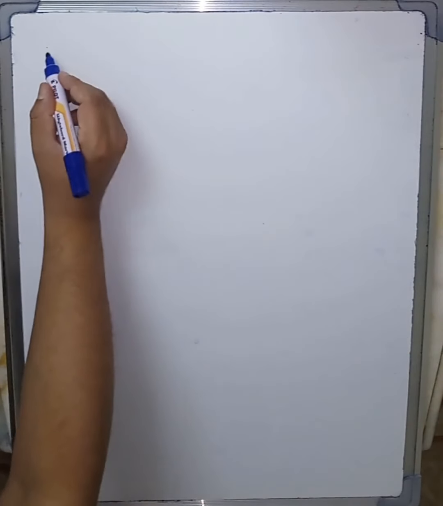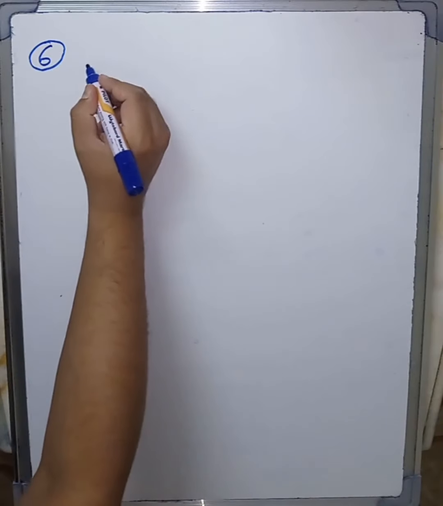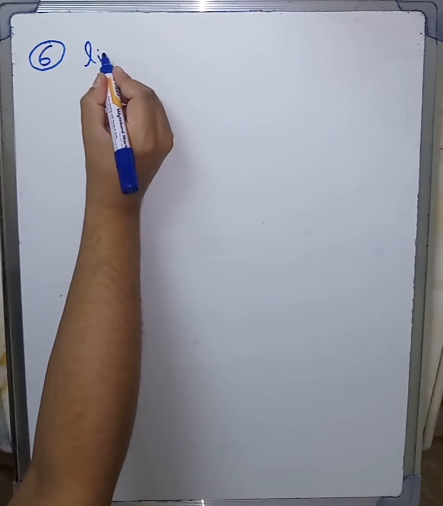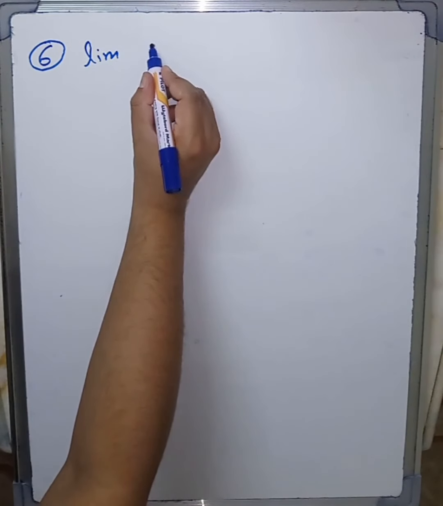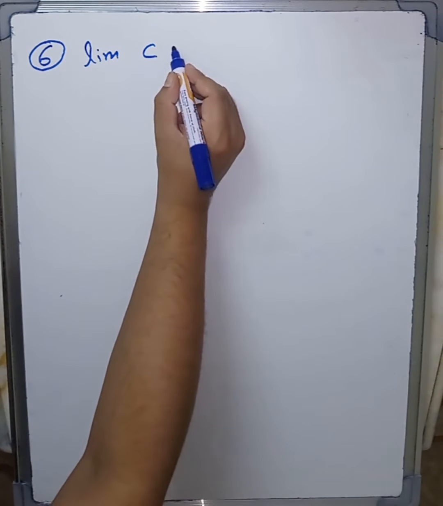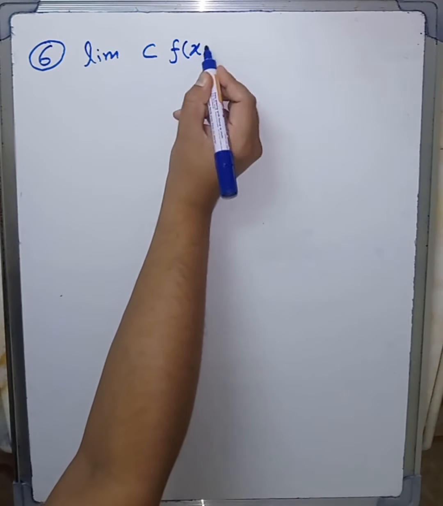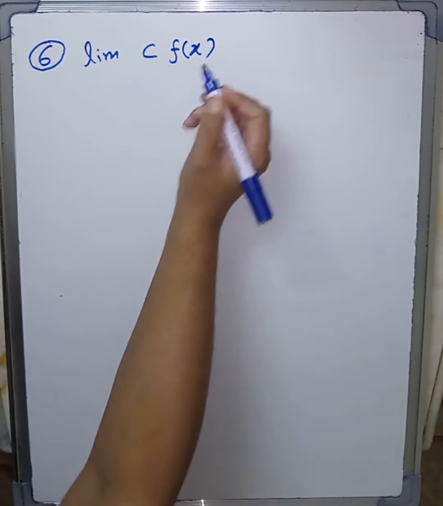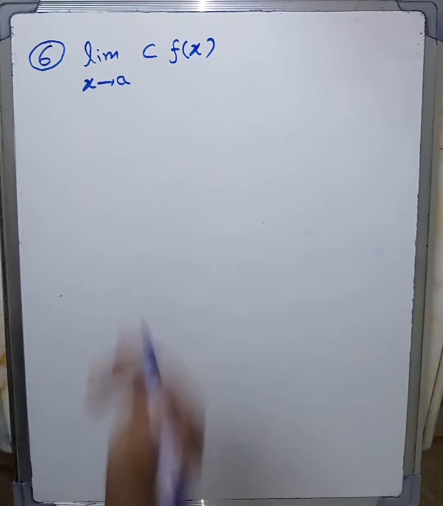Let us write property number 6. Limit of a constant c multiplied by a function f(x) as x tends to a.